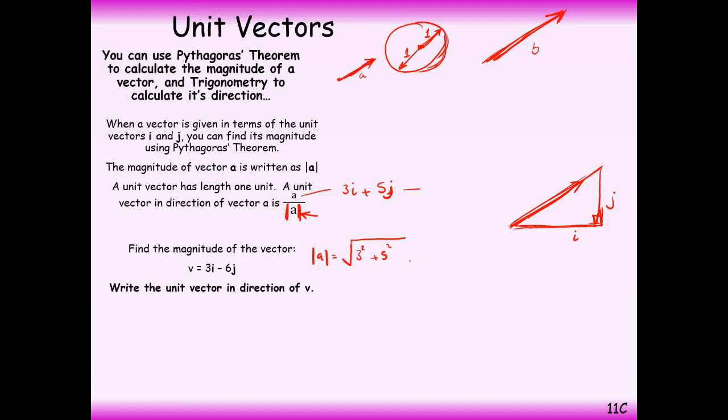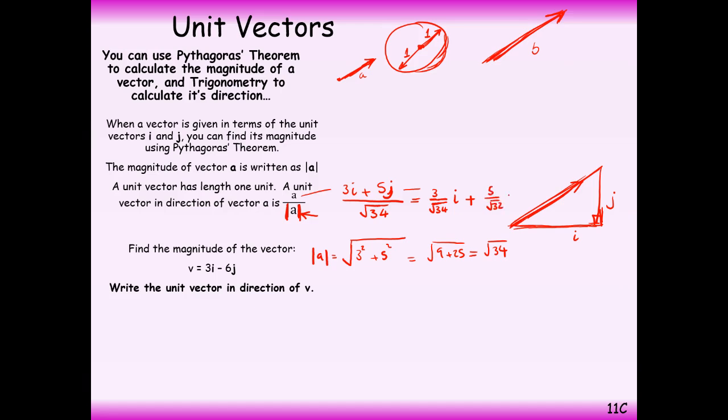Once you've figured out the magnitude, in this case 9 plus 25, which is root 34, you put this vector over root 34. So each component has to be divided by root 34: 3 over root 34 in front of i, and 5 over root 34 in front of j.